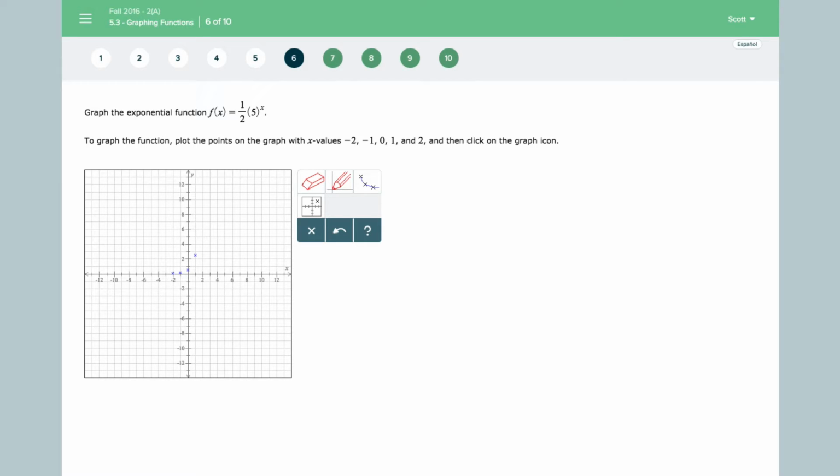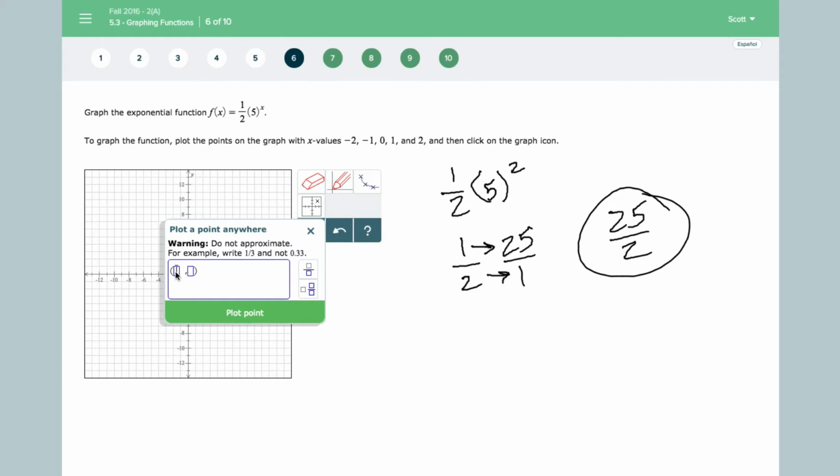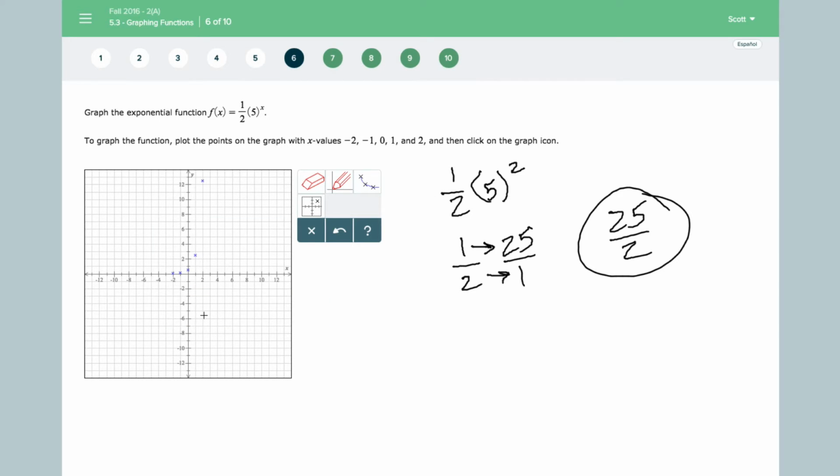And the last one, squared. 1/2 times 5 squared. 5 squared is 25, or 25 over 1. We're going to multiply straight across, and we get 25 over 2. So there's our y. So again, we click this box and we say, hey, when we plugged in a 2 for x, we got 25 over 2 for y. We plot that point, draw the line, there's our graph.